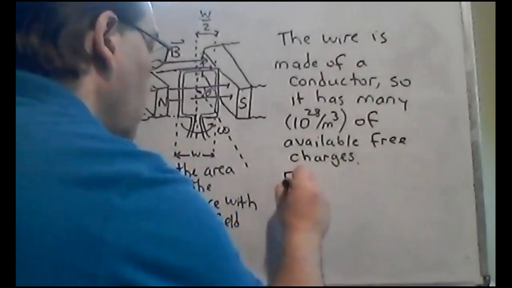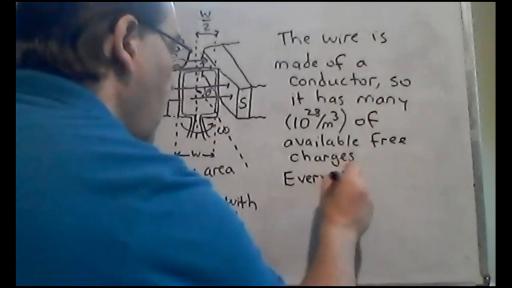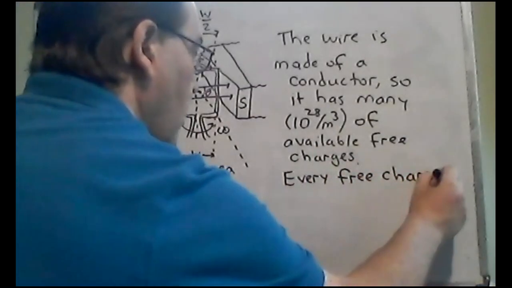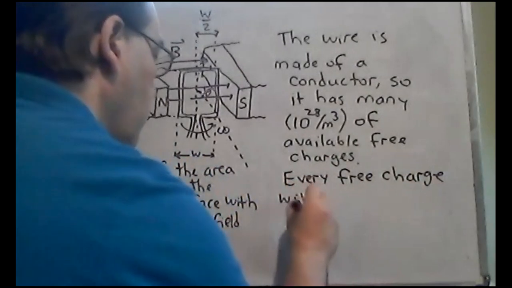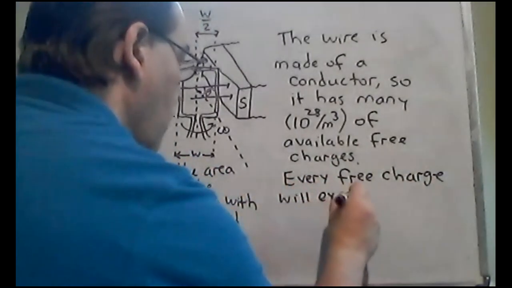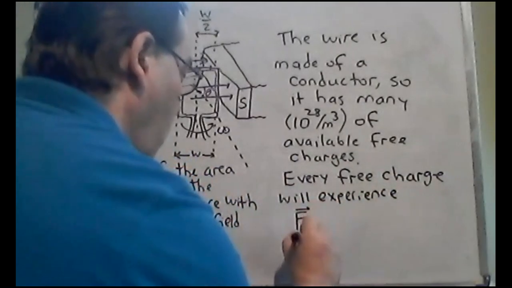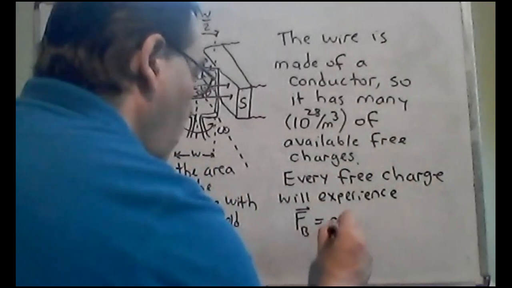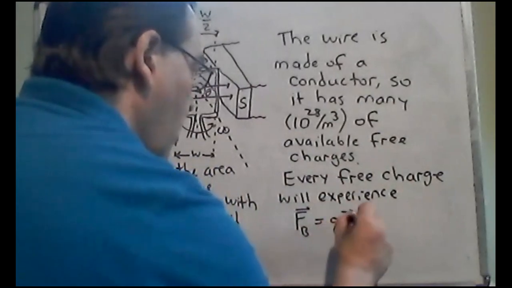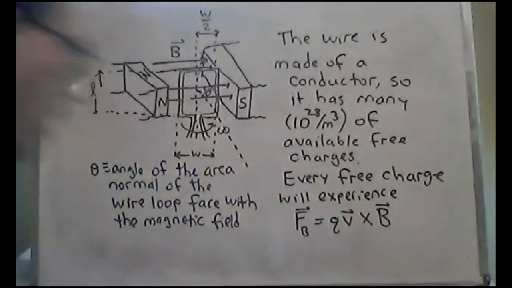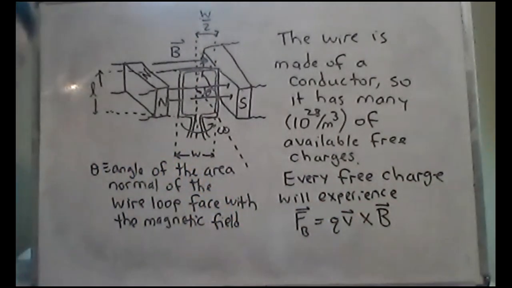Every free charge will experience the Lorentz force law. It will experience a magnetic force equal to Q V cross B. Right? Every single one of them is going to experience that kind of a force. All right. So in that particular sense, there's going to be a current that's going to happen.